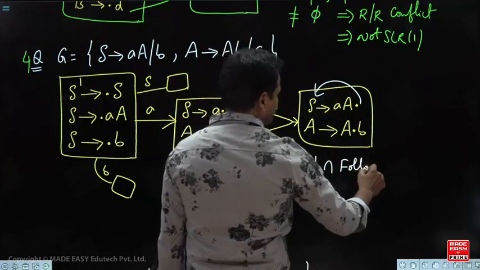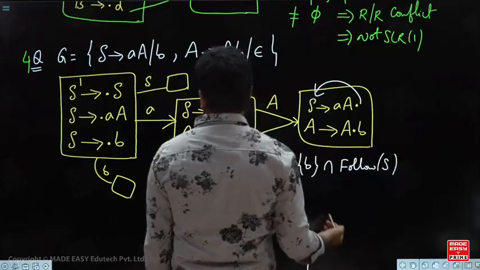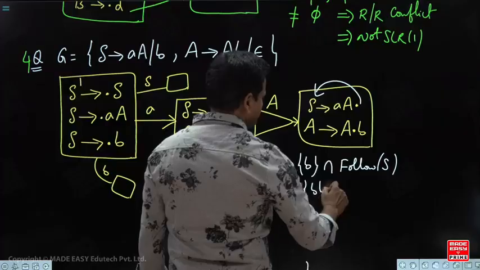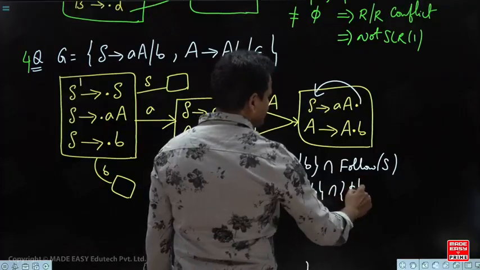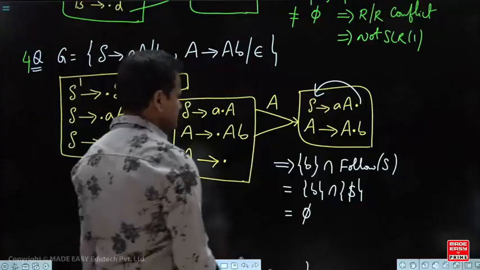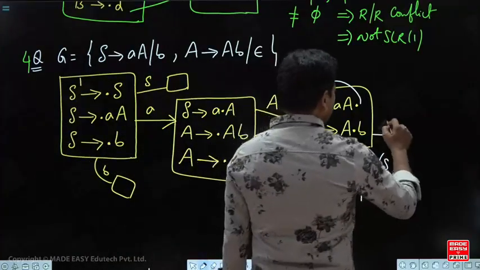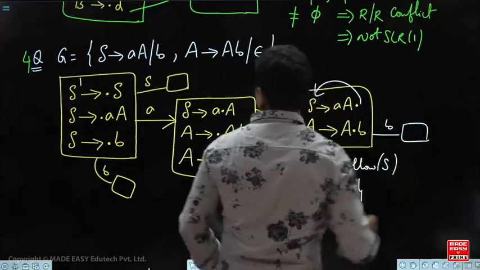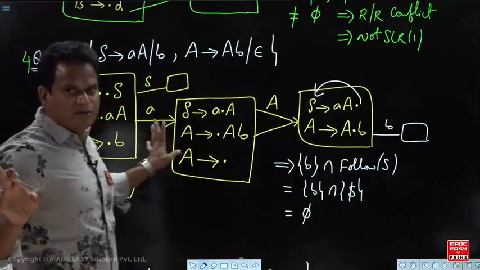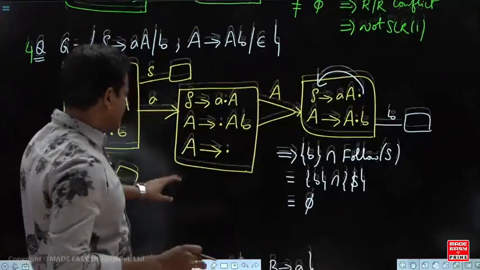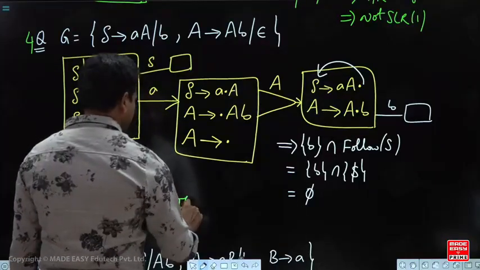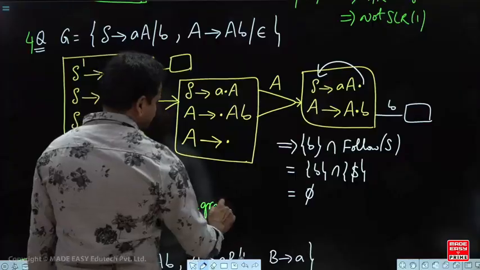What is follow of S? Follow of S, nowhere on the right side, so follow of S is only dollar, and B intersection dollar has no common element, so leave it. So here we don't have any conflict. And on B single, on A single, on B single, no conflicts anywhere. Therefore the grammar is SLR(1).